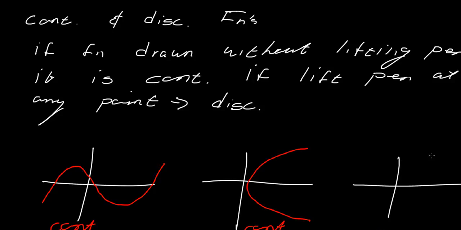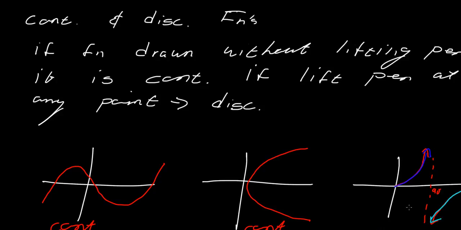Then let's look at the third one. That one had an asymptote here at 90 degrees. Let's draw that one. Notice how I had to lift my pen, because I can only draw this line, then I have to lift my pen to draw that line.